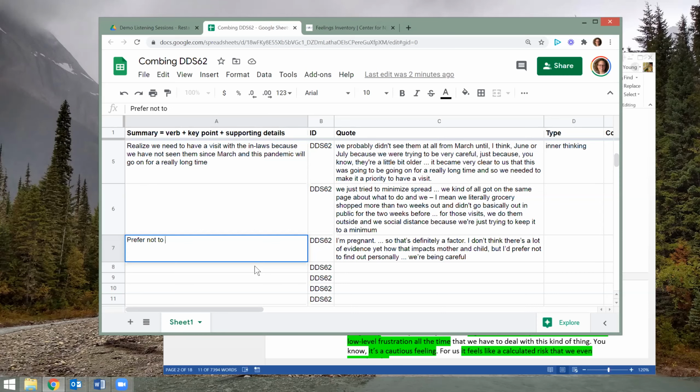Be is one of those words that I just won't use. So here, prefer not to find out the impacts of COVID on my, she said personally.